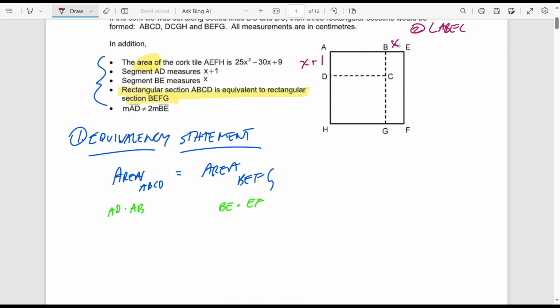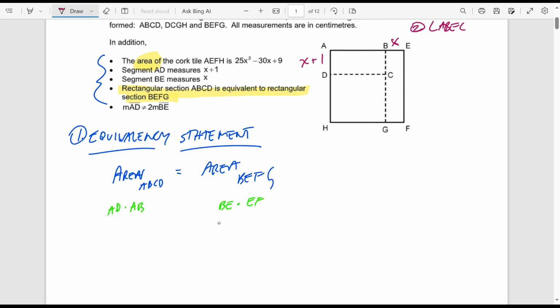That is all I know. So right now, if I try and build my equivalency statement, because that's our second step, to input the values, I know BE is x, but I don't know what EF is. I know that AD is x plus 1 as a binomial, but I don't know what AB is.